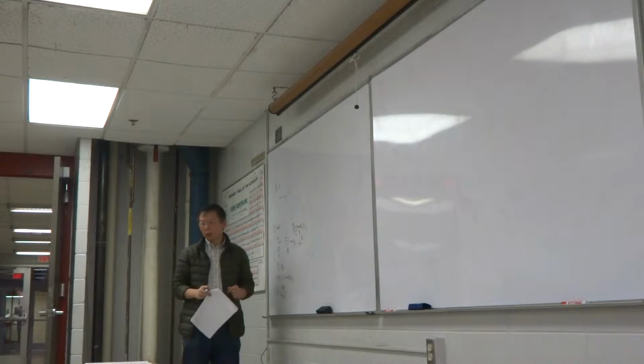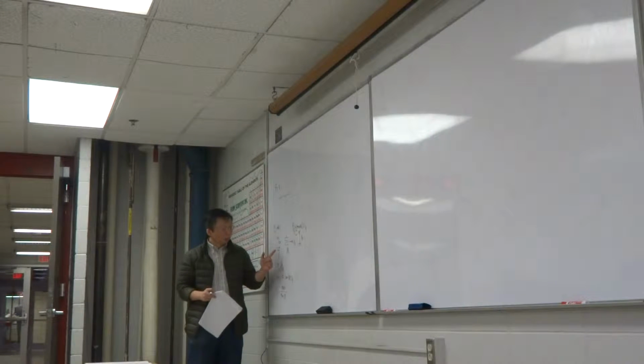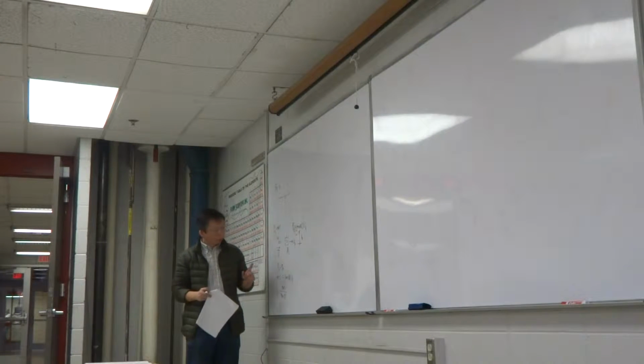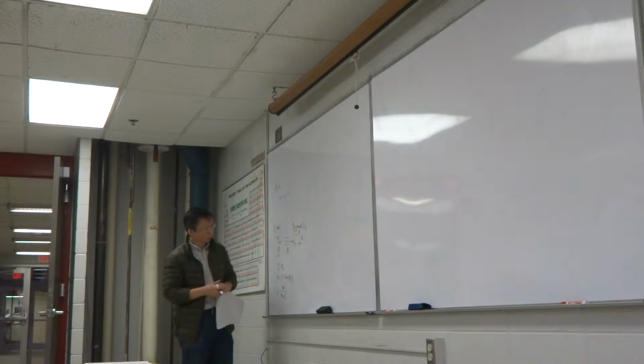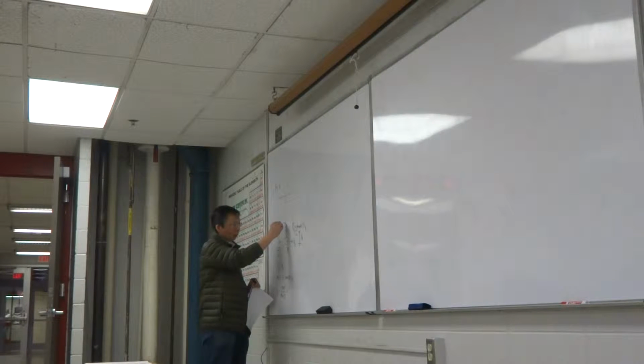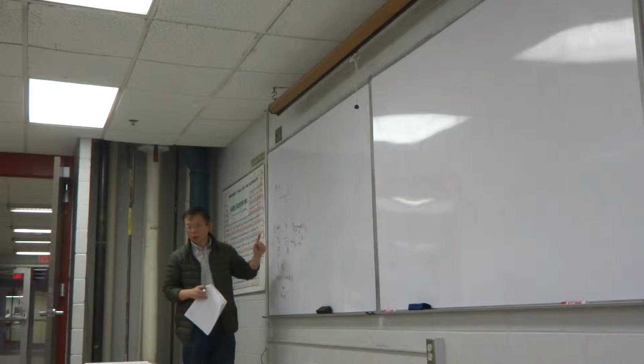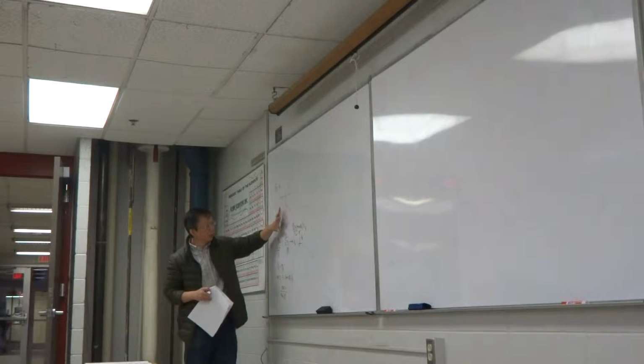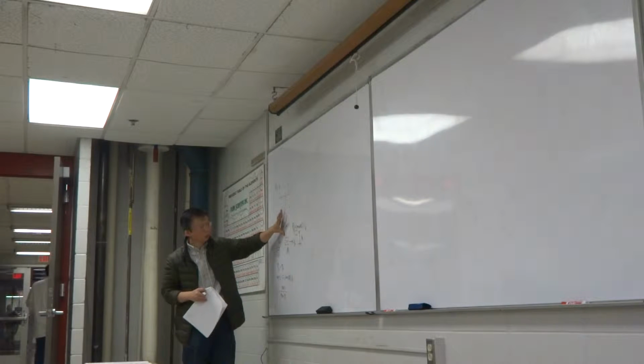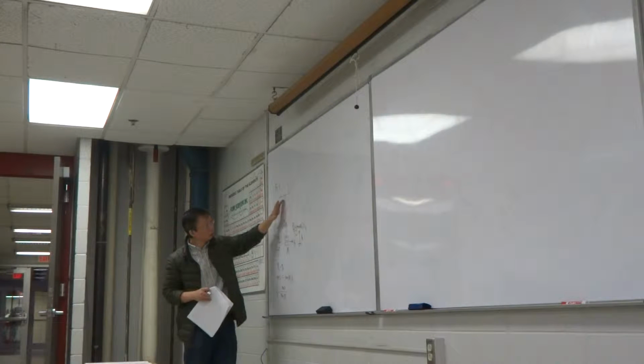For this process, there are two forces here: the tension in the cord and the gravity. The tension is not a conservative force, but the length of that cord doesn't change during that process.